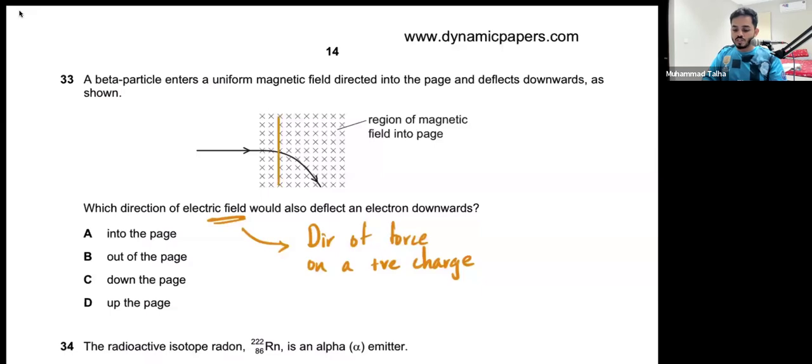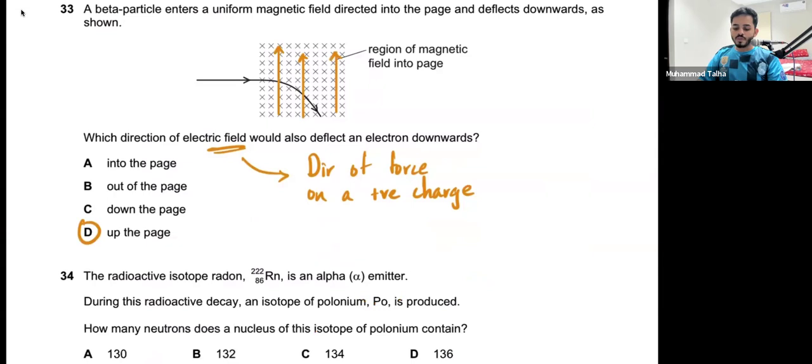So they would be upwards lines like this. So what I'm going for in this case is a field line that goes up, right? This is not going to be into or out of the page. It's going to be just upwards. All right, let's go on to the next one.